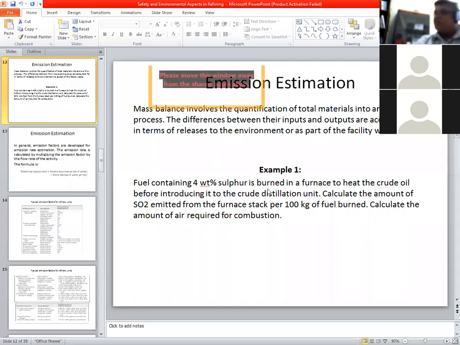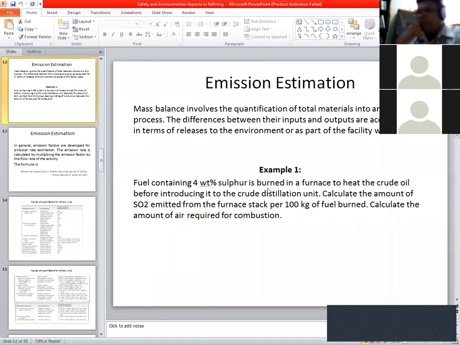Now refer to the equation. 1 mole sulfur reacts with 1 mole oxygen, producing 1 mole sulfur dioxide. So mole of sulfur, can we calculate number of mole?